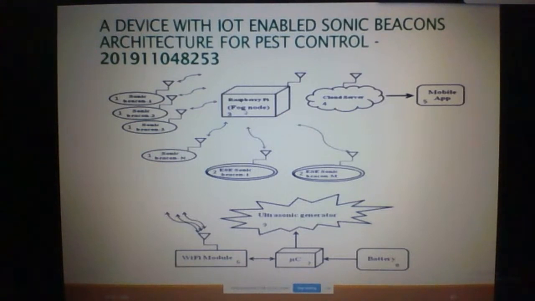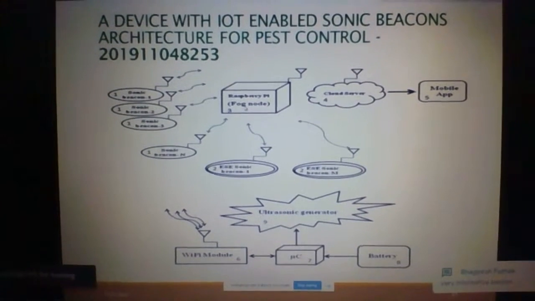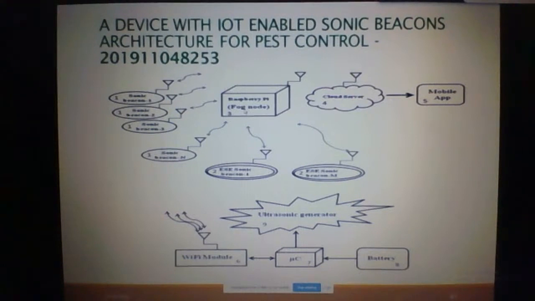The data which is not required by the cloud server or mobile application, they can hold on their own. With the help of the sonic beacon, I can identify which beacon I want to turn on. I can turn that beacon on through the mobile application, and that beacon will produce ultrasonic waves to kill the insects. So this is another idea.